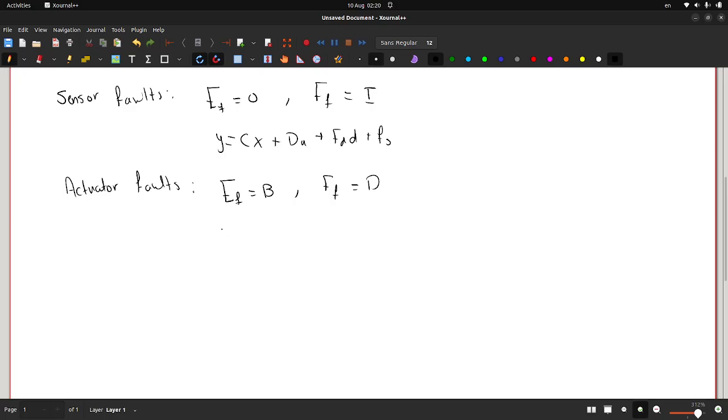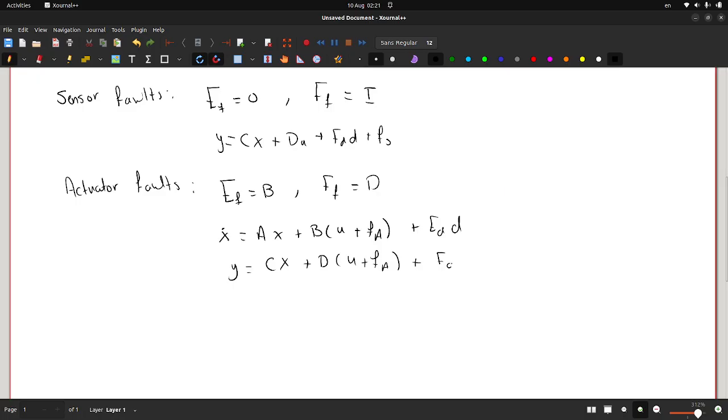Now let us rewrite the state space representation, where x dot equals Ax plus B times (u plus F_A) plus E_D times d, and y equals Cx plus D times (u plus F_A) plus F_D times the disturbance.